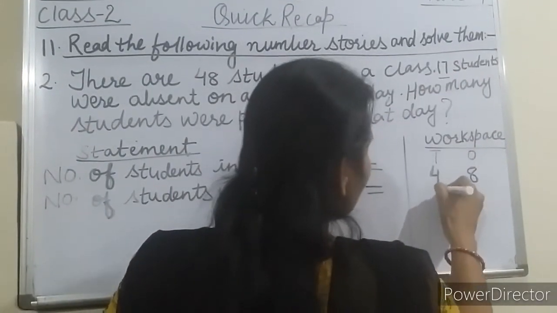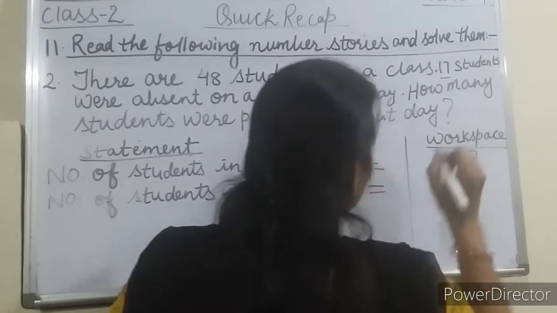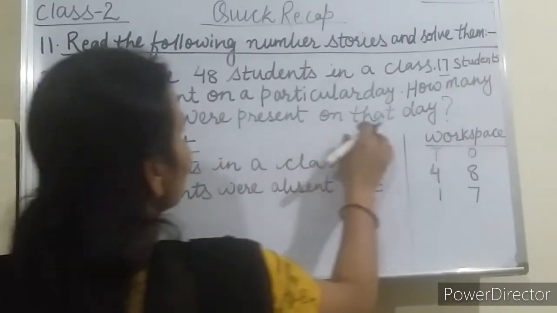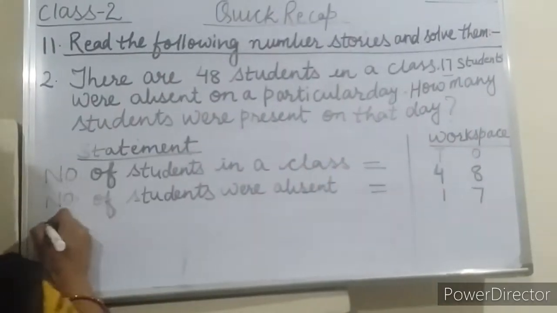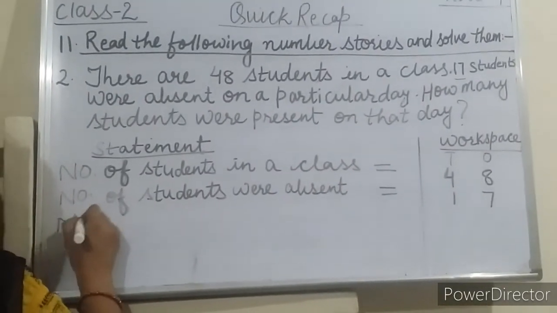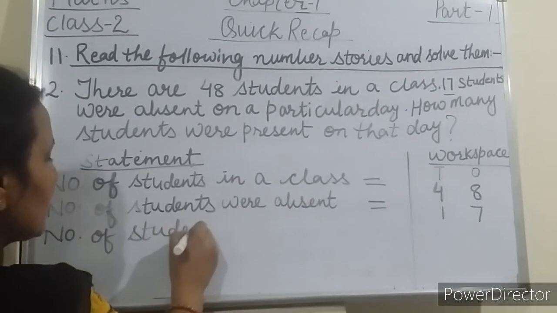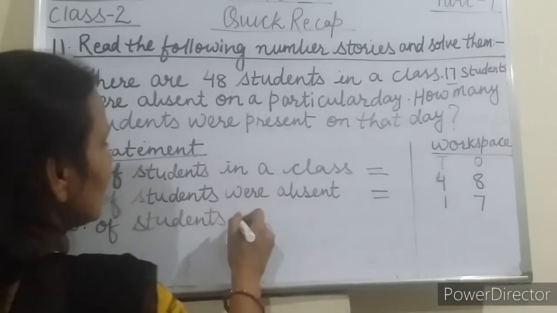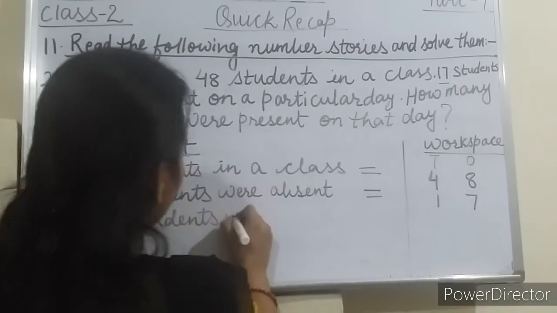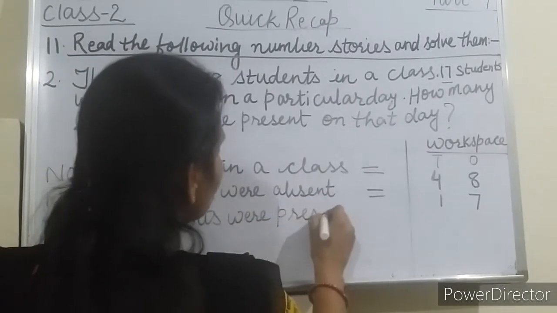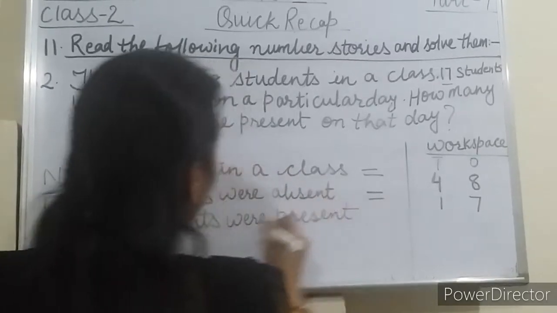So here what will we write? 17. Again, how many students were present on that day? So here again we have to write number of students were present on that day.